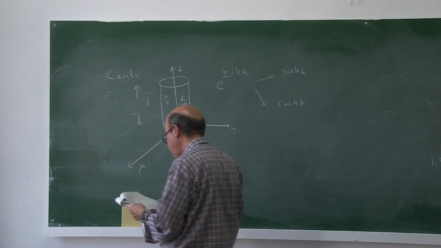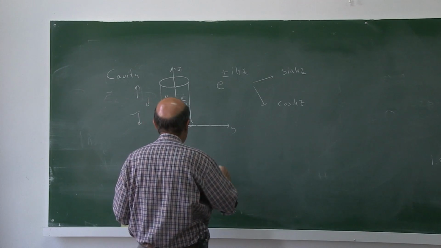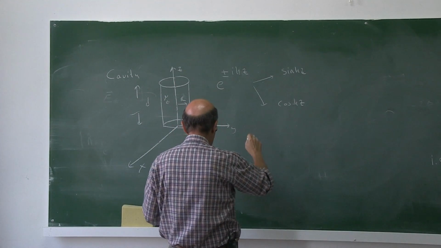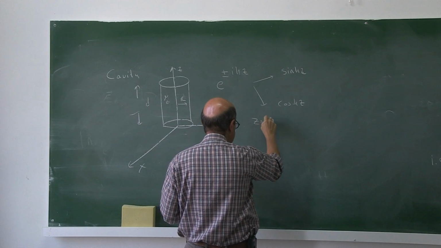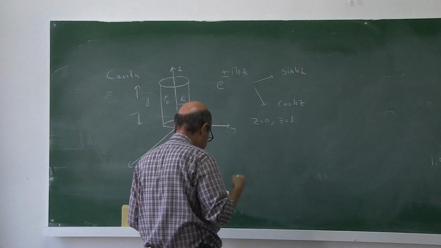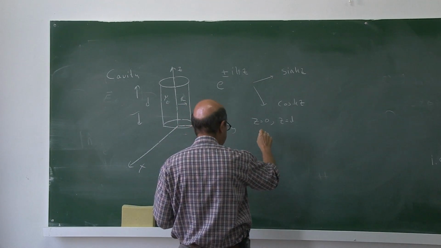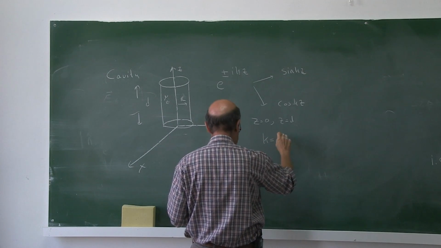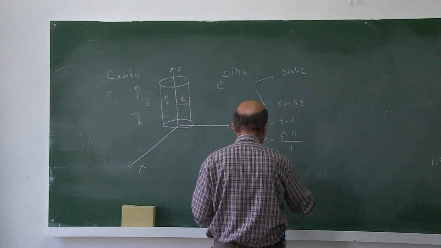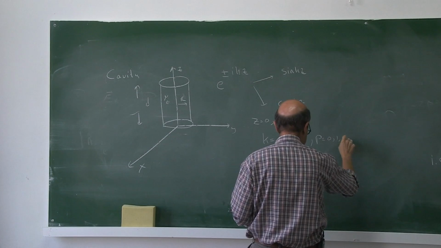And they should satisfy certain boundary conditions. So if this is z equal to 0 and that is z equal to d, then at z equal to 0 and z equal to d, this k should satisfy certain boundary conditions, and the form of k should be p pi over d, where p is 0, 1, 2, 3.